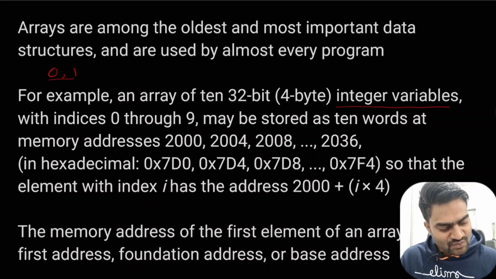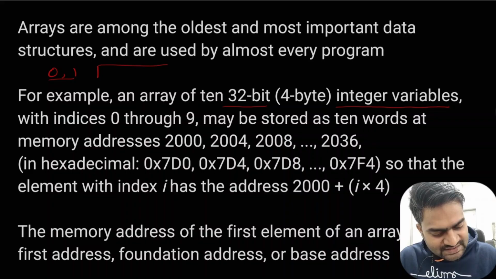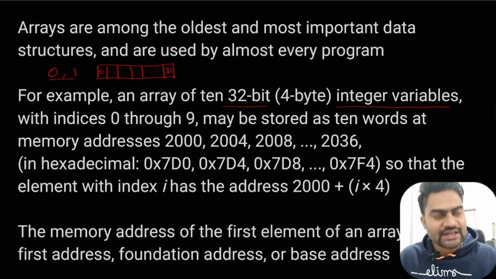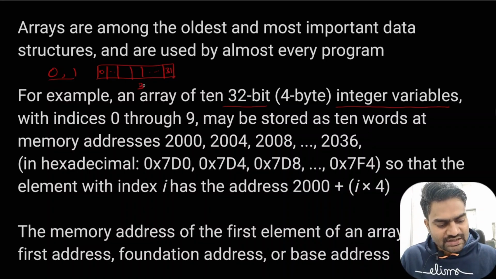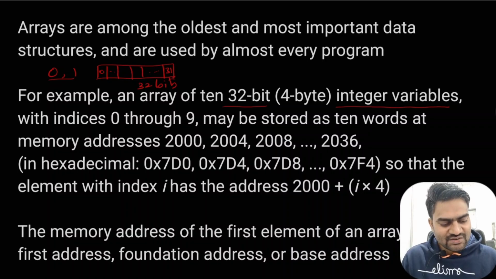Now, what we understood is that it's a 32-bit integer. So if we take one integer, there will be 32 bits, so we will see data from 0 till 31. Totally it is 32 bits. So if you are trying to store one element, it is of size 32 bits internally. That is how our computer stores it.